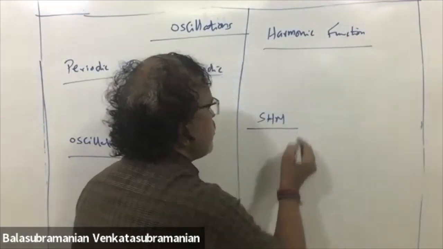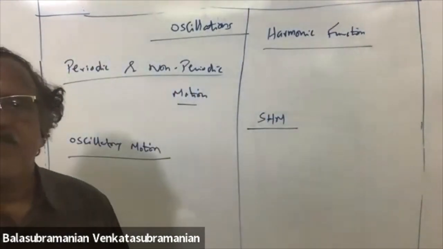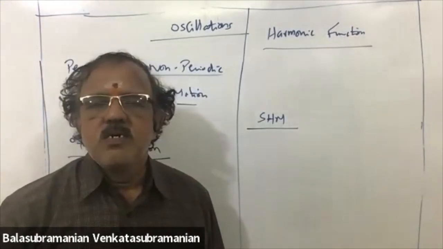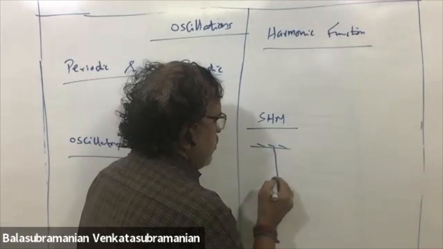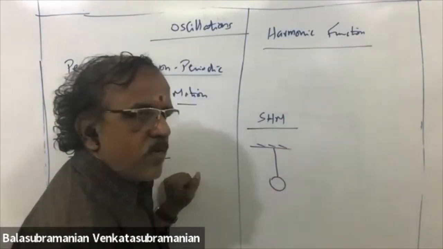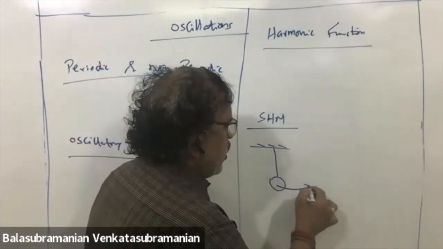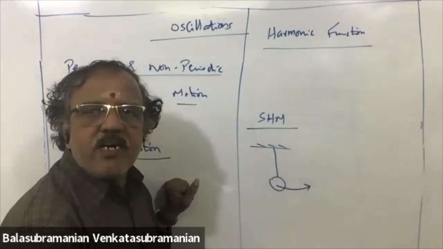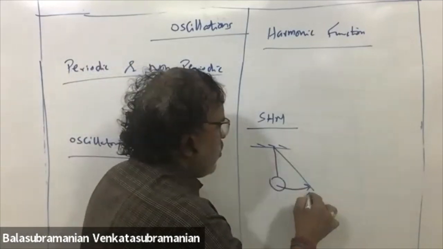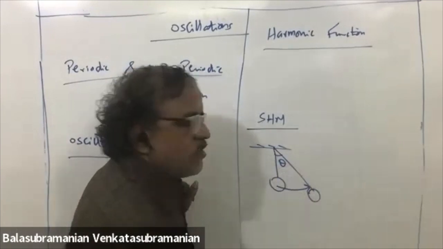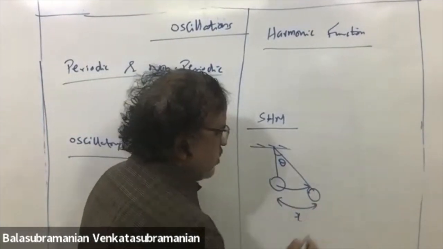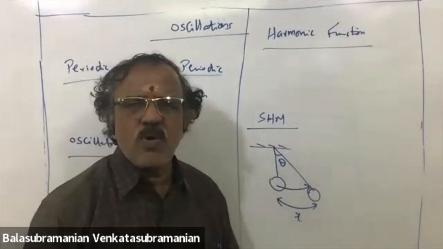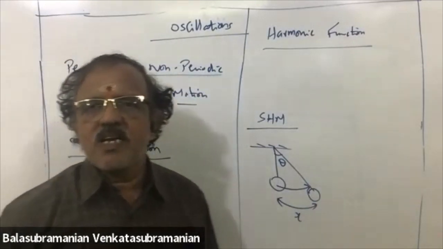Simple harmonic motion. Suppose you take a pendulum. You are displacing it by a small angle theta. The displacement is x, or y also you can take, no problem, a general representation.